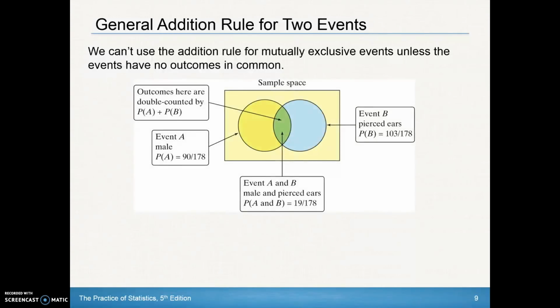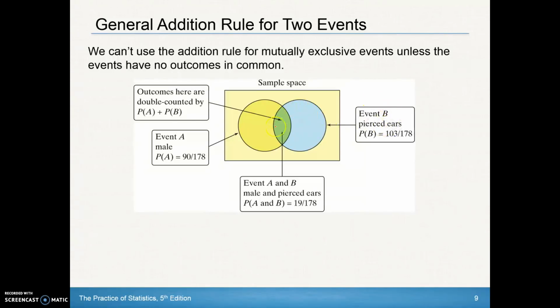Okay. So, for example, here's our sample space, and this space here in the middle is where we would have ended up counting places twice. This would be like event A, that it's males, and there were 90 out of 178.